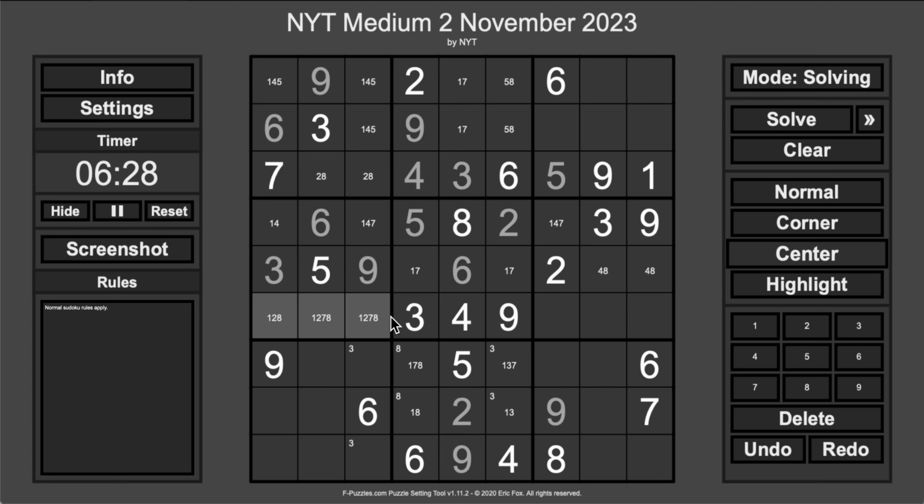Okay, 2 and 8 are definitely in these cells. But 1 and 7 may not be. I don't know enough about this to say much of anything. I might know something about that. 3, 5, 6, 9 says I need 1, 2, 4, 7, 8 for the rest of column 2. And I've got the same dilemma there as I do in row 6.